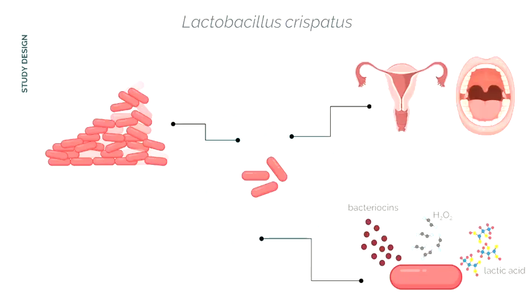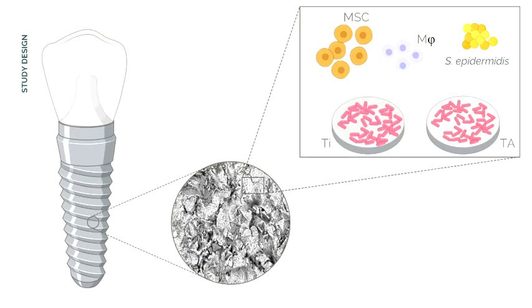To make this study a little bit more complicated, when we had those two surfaces, titanium and tannic acid coated, we split them into two groups. On some of the discs, we added just a little bit of Lactobacillus crispatus because we don't know how much is enough.